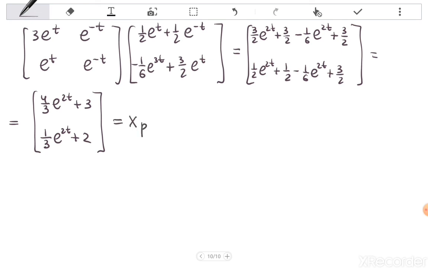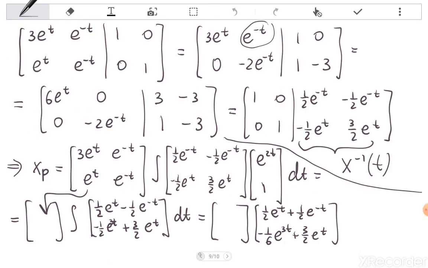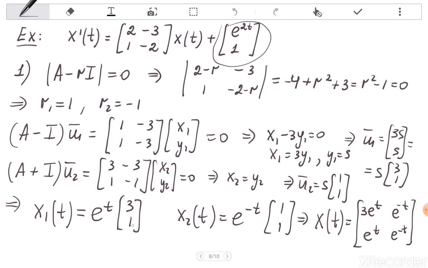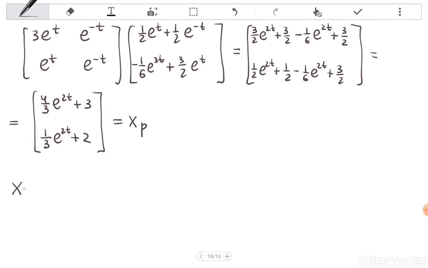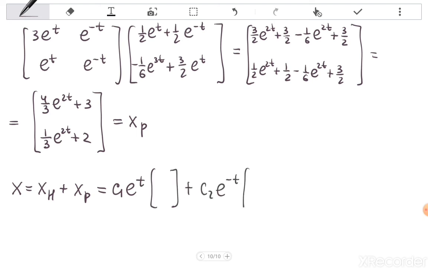And let's now see. We have to combine now x1, x2, so the homogeneous solution and the particular solution. So our solution is the homogeneous plus x particular, and the homogeneous was c1 e to the t times some vector plus c2 e to the minus t times another vector, plus xp, which can be written in a more beautiful way.